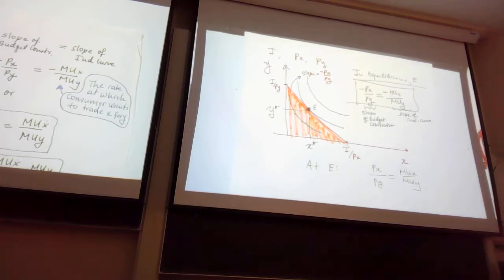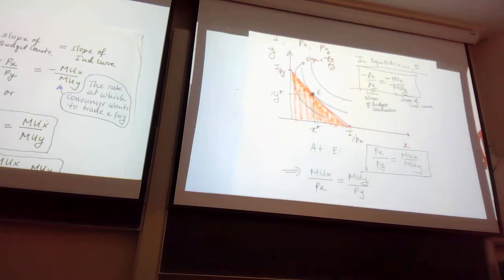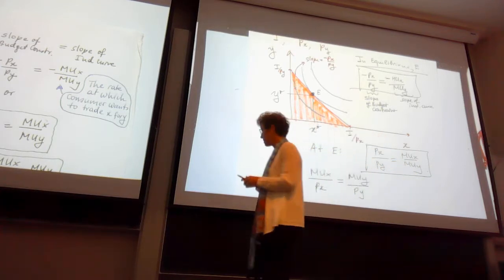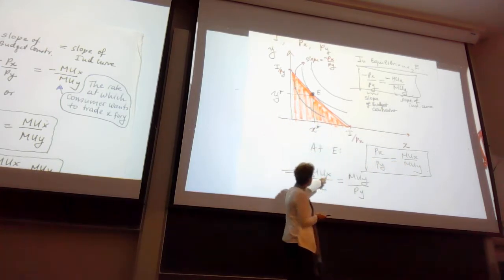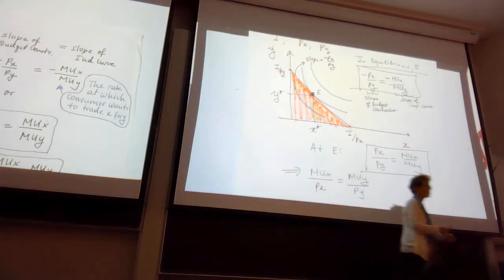Another way to think about the same equation is that at equilibrium this holds, or let me rewrite: marginal utility of good x over price of good x equals marginal utility of good y over price of good y. That really says that a consumer spreads his or her income in an optimal way, maximizing utility, only if marginal utility per dollar spent across all goods markets is the same.